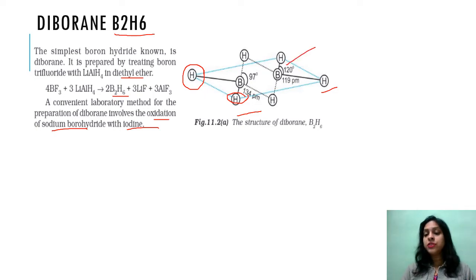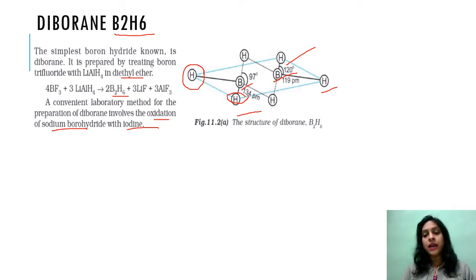So these four terminal hydrogen atoms and 2 boron atoms, ये वाले बेटा, lie in one plane. ये एक ही plane में lie करते हैं, whereas these 2 hydrogen atoms at the center, दो bonds बन रहे हैं, central 2 hydrogen atoms हैं जो आपके, are lying in another plane.